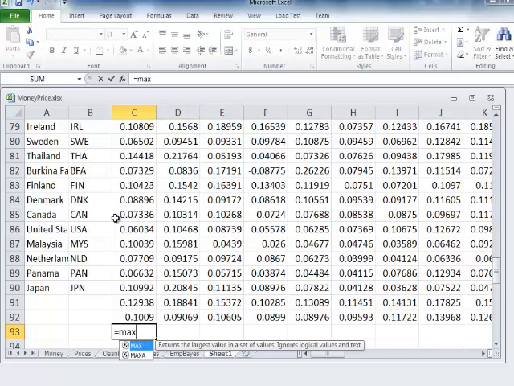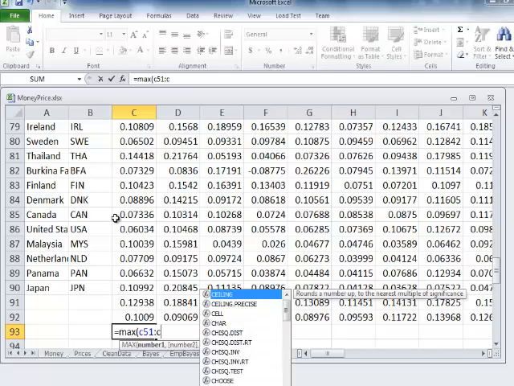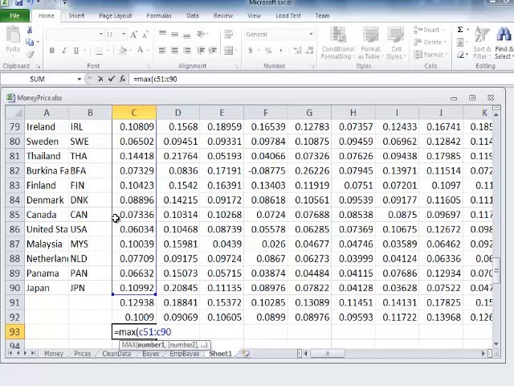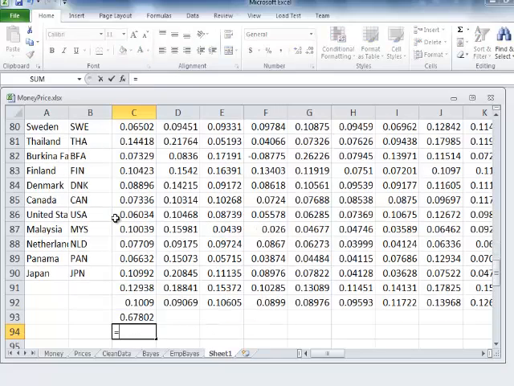Equals max of C51 to C90, equals min of C51 to C90.